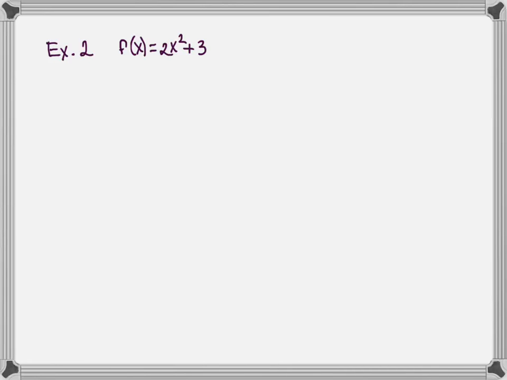Okay, let's look at our second example. F of x equals 2x squared plus 3. So let's start by calculating f of x plus h. I'll write my f function, putting parentheses where x is. So 2 times something squared plus 3. And I'll fill in the parentheses with x plus h. So here, as we simplify this, we need to do x plus h squared.